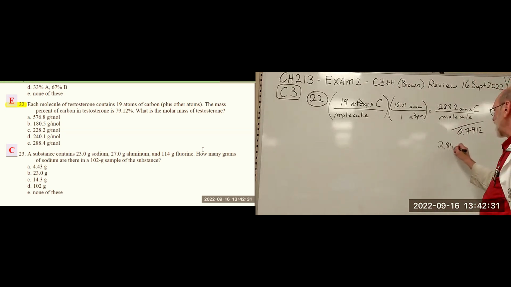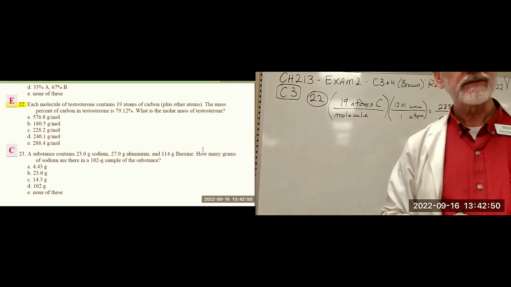Now that's 288.4 atomic mass units of the molecule. There we go. Now this is equivalent to 288.4 grams per mole. Okay, everybody see why I had to do that?